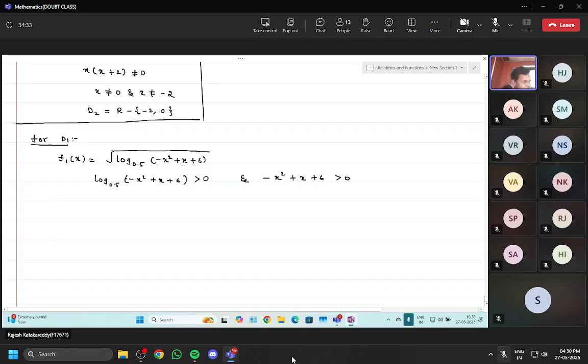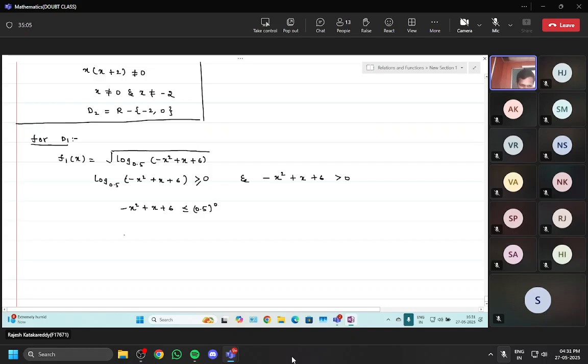Now, in logarithmic inequalities there are two cases. When the base is greater than 1, the direction won't be affected. This is the second case, when the base is between 0 and 1. It is a decreasing function, so you need to write minus x square plus x plus 6 is less than or equal to 0.5 power 0. 0.5 power 0 is 1.